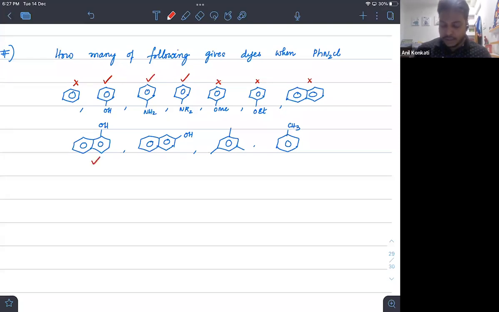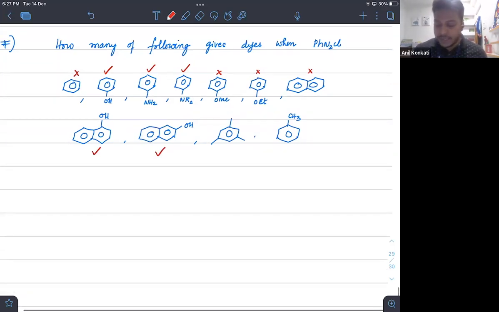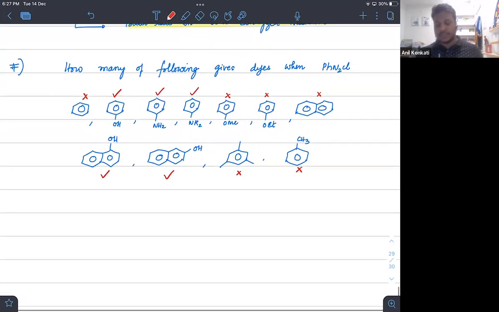Then ortho, alpha or beta will give, correct? And then if you look at it, mesitylene. Mesitylene does not give in this case unless it has strong withdrawing groups. Toluene will not give this. So these are the products. A simple question that can be asked is this.